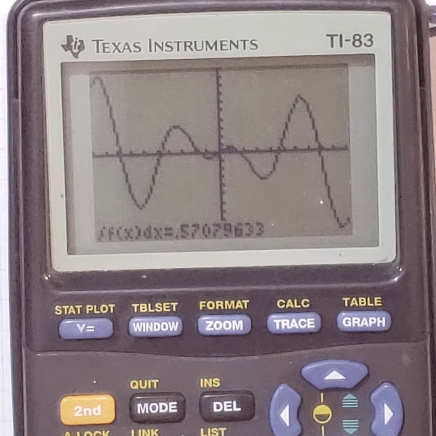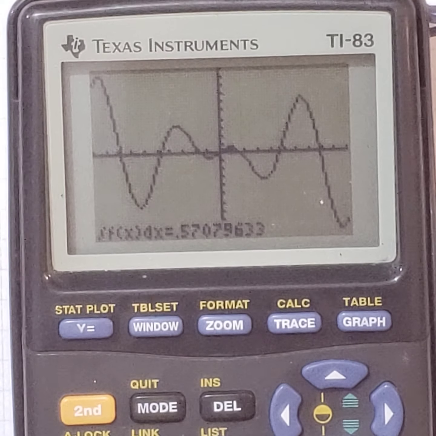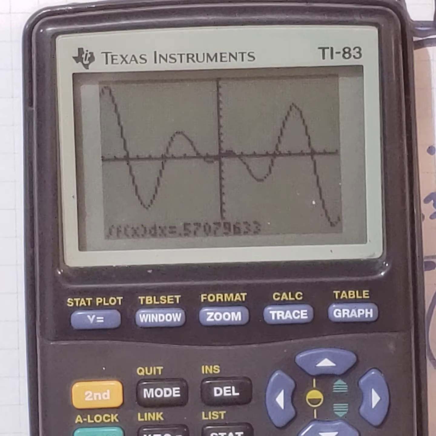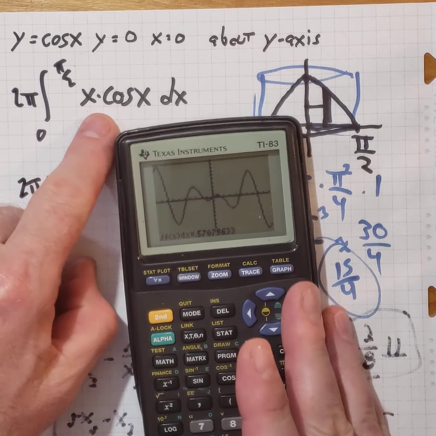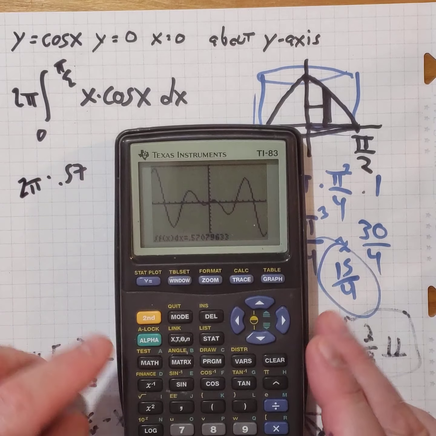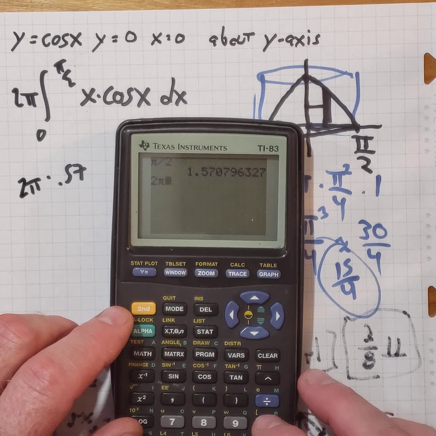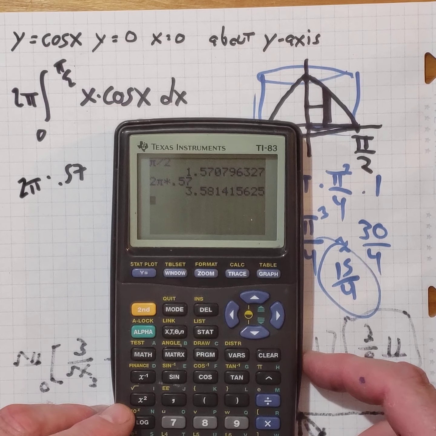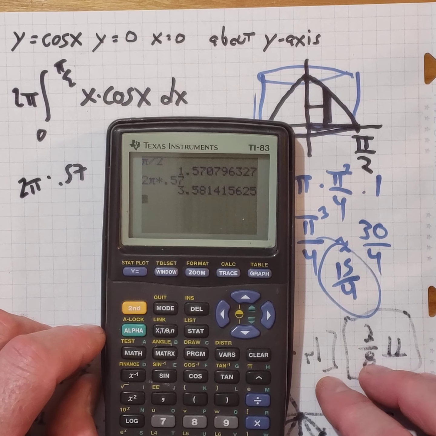So we have 2 pi times 0.57. Okay, we got our 2 pi from here. We just found the integral in the calculator. So if we multiply 2 times pi times 0.57, we end up with 3.5, or 3.6, give or take.